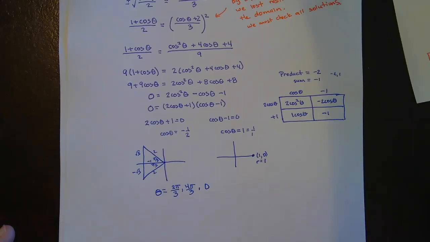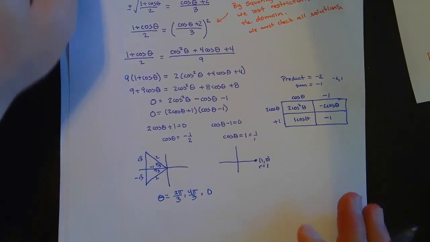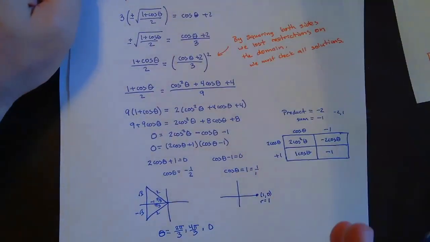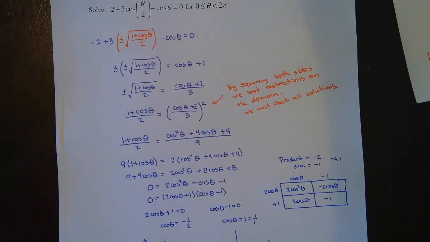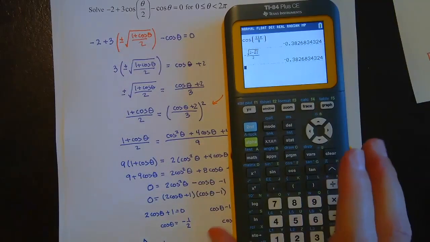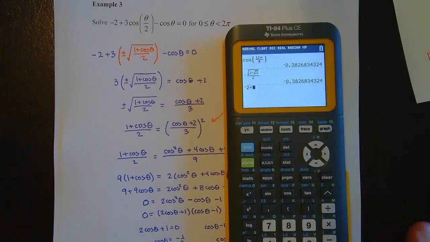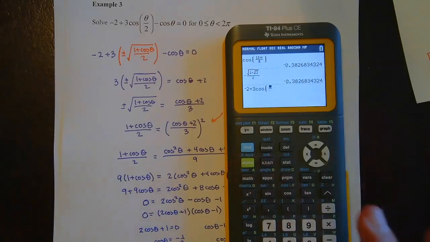Okay, so now what we have to do is we're going to check these in our calculator, okay? And we have to think, okay, dividing by 2 is the same as halving it, right? So we need to make sure that this comes out to be 0, okay? All right, so we can grab our calculator, okay? And what I'm going to do is I'm going to check. So -2 plus 3, and then cosine 1/2, right? 1/2, because that's the same as dividing by 2, okay?